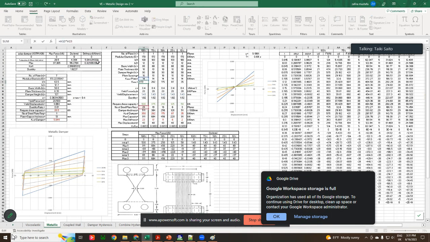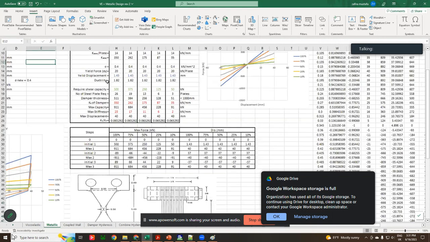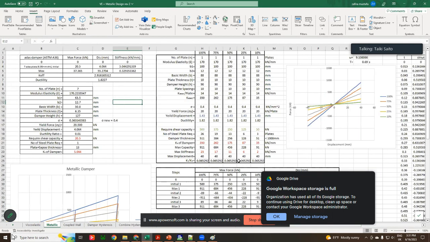Would you magnify? Can you see, sensei? KDS, the stiffness. How did you decide the second stiffness?